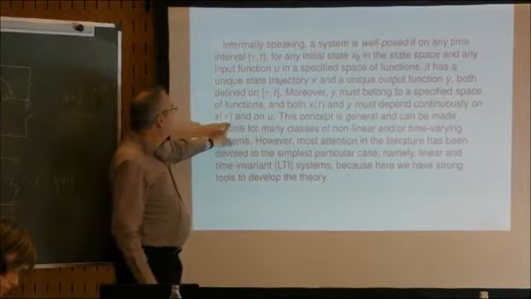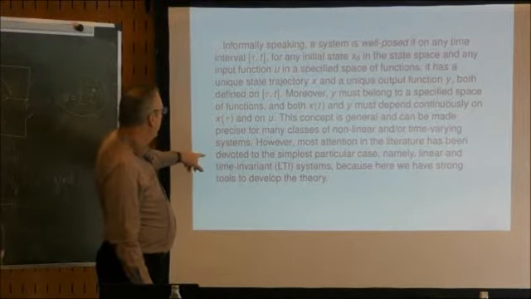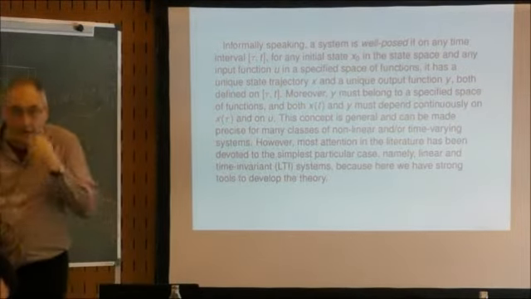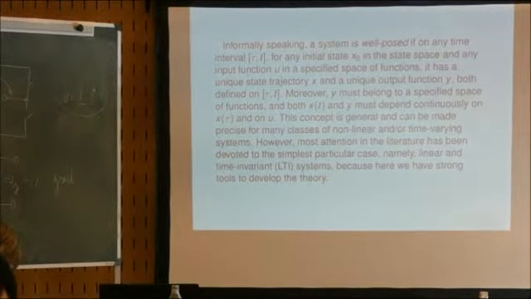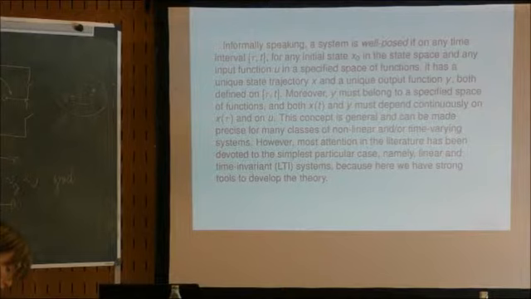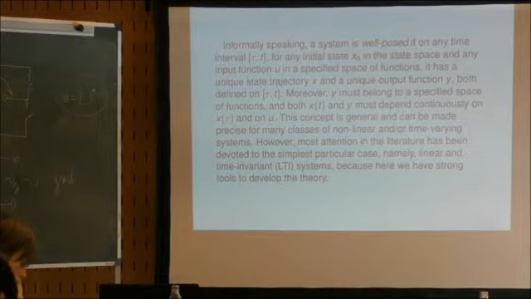x of tau is the initial state. Where is the final state? x of t. x of t is the final state at the end of this time interval. So the two quantities x of t and y depend continuously on x of tau and u. So there are two data quantities and two response quantities. x of tau and u are the data, and x of t and y are the response of the system.